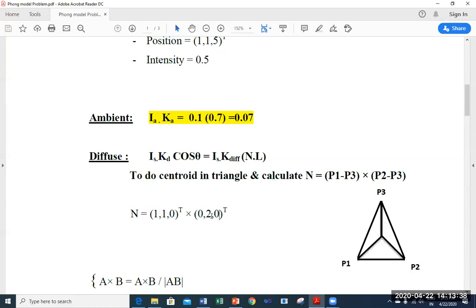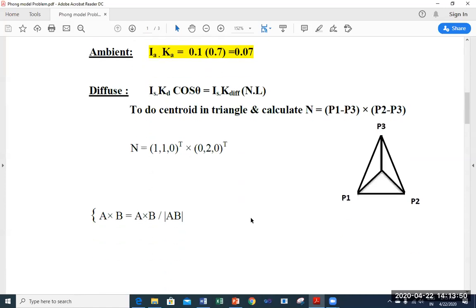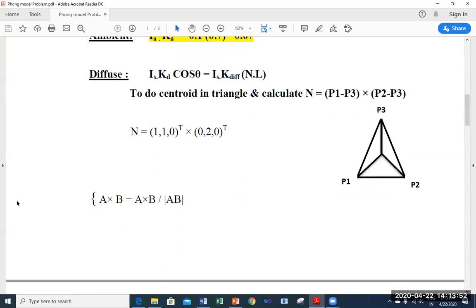Then the n value is the cross product of 1 comma 1 comma 0 and 0 comma 2 comma 0. As you know, we will calculate the dot product as well as the cross product.